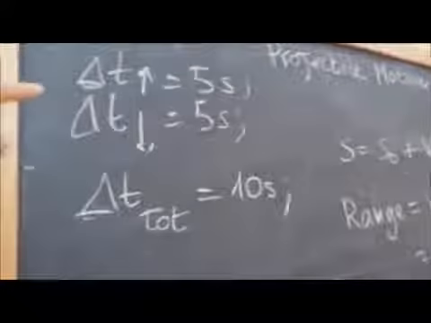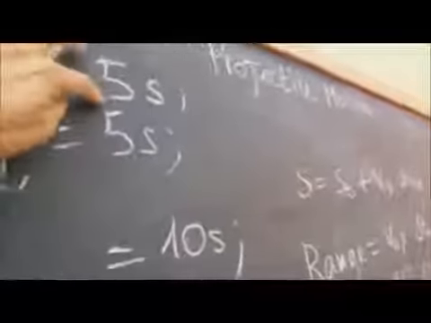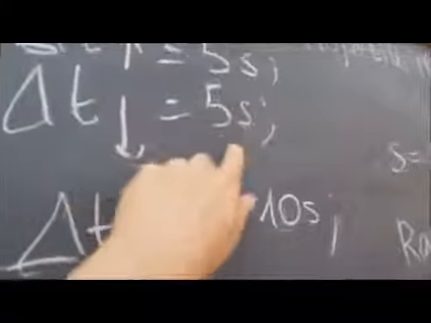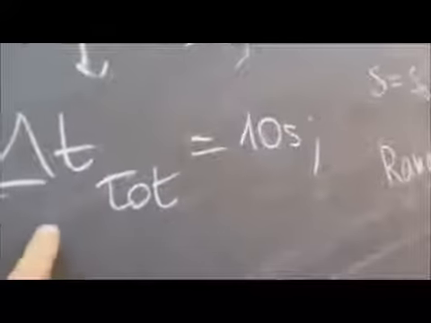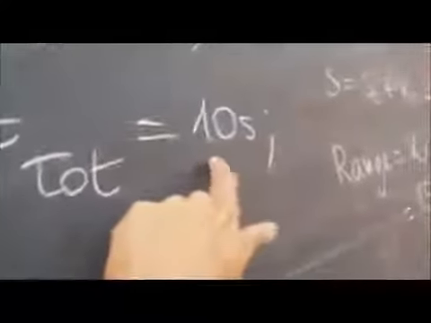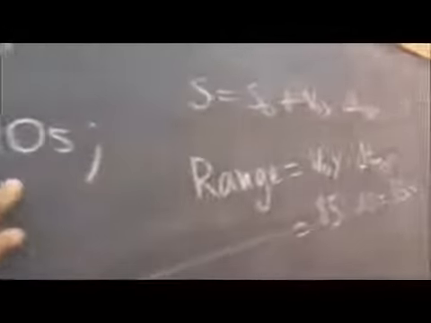So the bullet takes 5 seconds to go up and 5 seconds to go down. So all in all, the bullet keeps moving for 10 seconds.